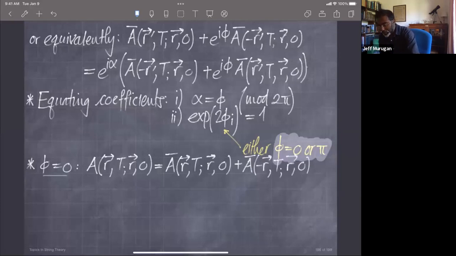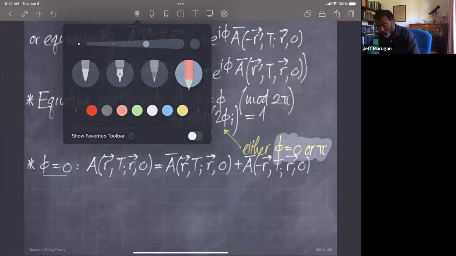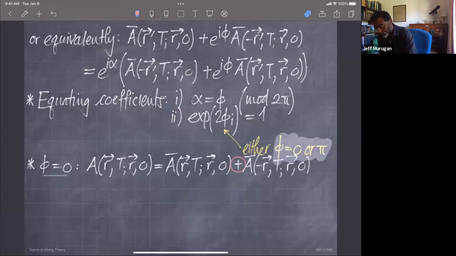And it's this plus sign here that makes all the difference in the world. When I have such a plus sign, I'm talking about bosons. This is what I would expect for bosons. You exchange the two particles, nothing changes.